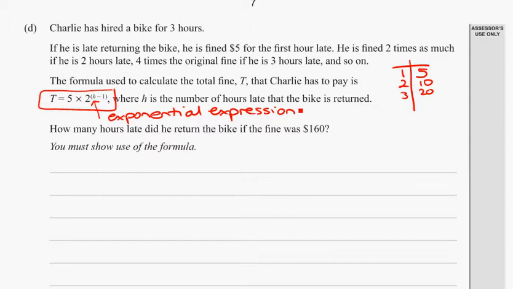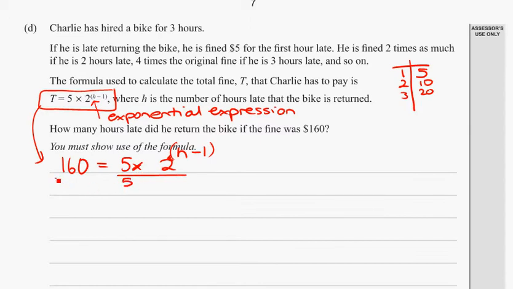We're dealing with powers. How many hours late did he return the bike if the fine was 160? So the fine was 160, 2 to the power of h minus 1. That power connection between the 2 and its power is very strong. Stronger, in fact, than the multiplication here.